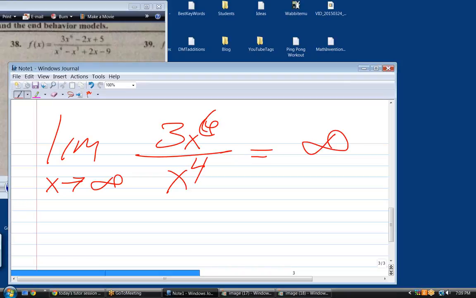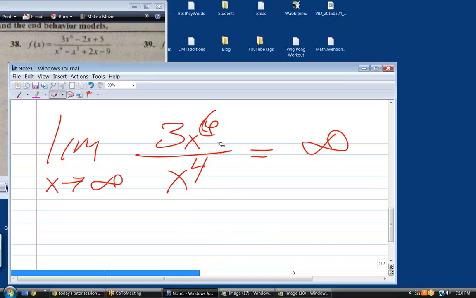Yeah, whenever the numerator's degree is higher than the denominator, then as x goes to infinity, it's going to go to infinity. It may go to negative infinity. In other words, if you had something like this, as x goes to infinity, I would actually say that that goes to infinity also.